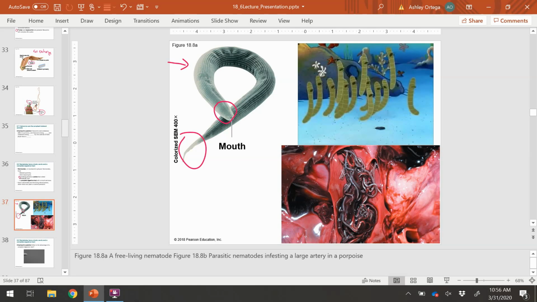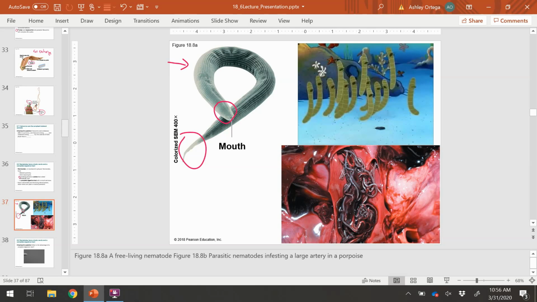And then for nematodes, some of them are free-living and some of them are parasitic. And so the one example of parasitic here is infesting a large artery of the porpoise whale, but there are other nematodes that you might be familiar with.